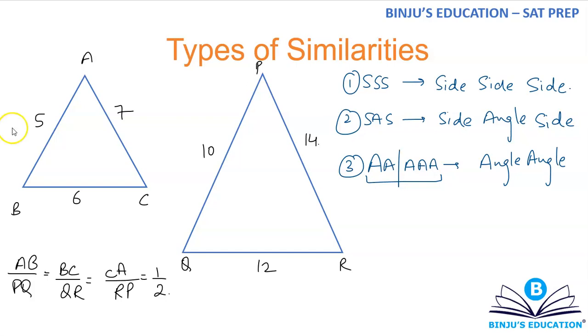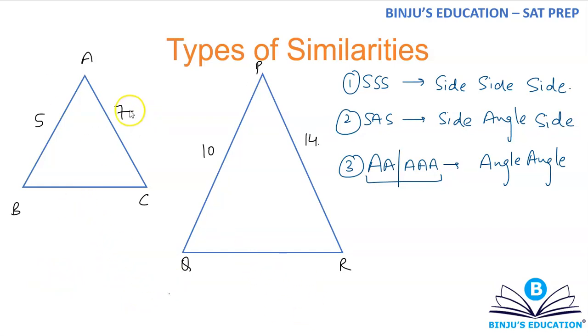Now let's move on to the next one, that is side angle side similarity. So let me remove these two, and let's say this angle is 43 degrees and this angle here is also 43 degrees.